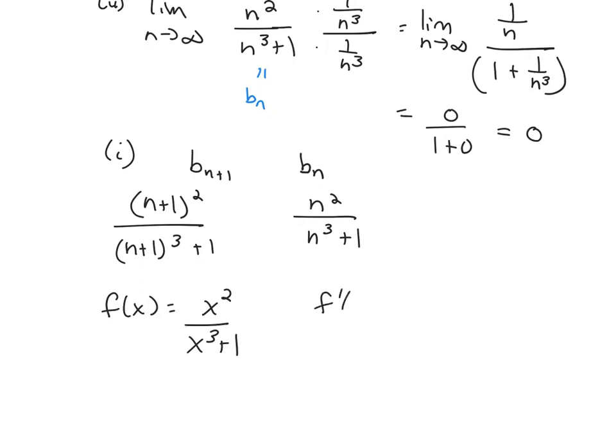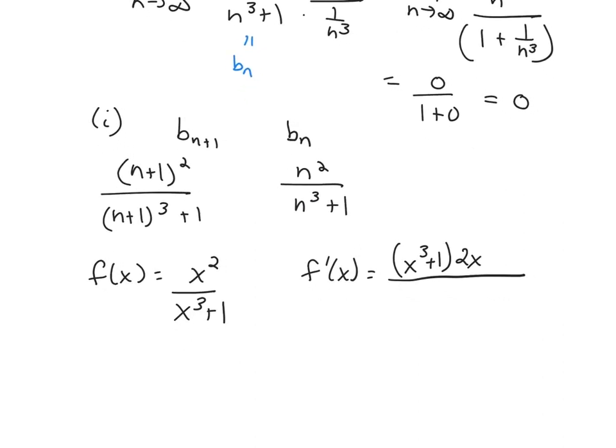And then I want to take the derivative, use the quotient rule: x cubed plus 1 times 2x minus x squared times 3x squared, over x cubed plus 1 squared, and simplify.